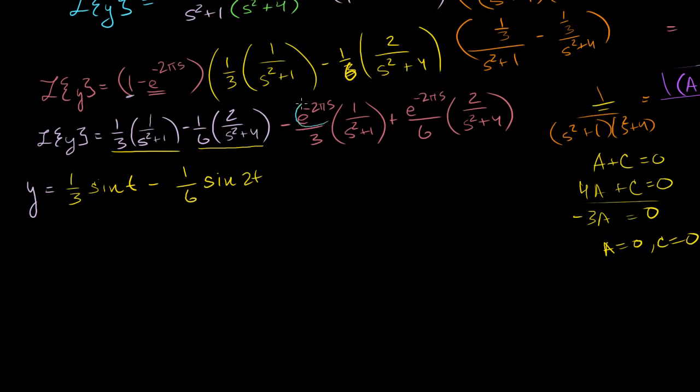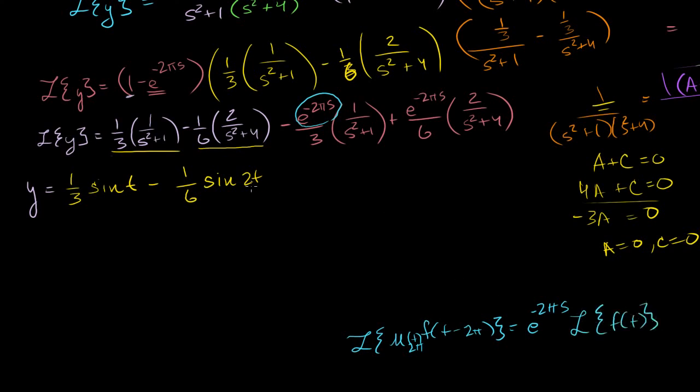We have this e to the minus 2 pi s. And there we just have to remind ourselves that the Laplace transform of the unit step function, 2 pi, times f of t minus 2 pi, I should put the step function of t, is equal to e to the minus 2 pi s times the Laplace transform of f of t.